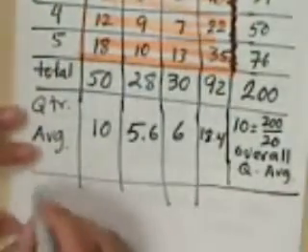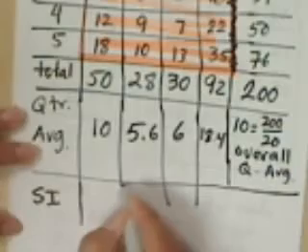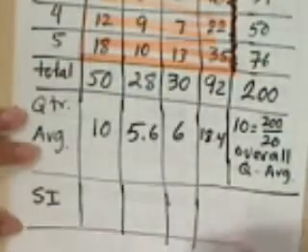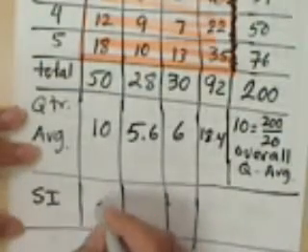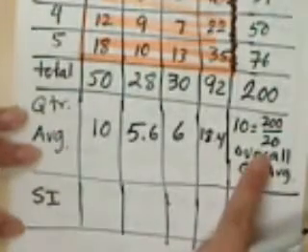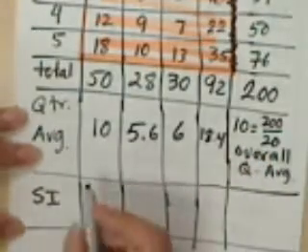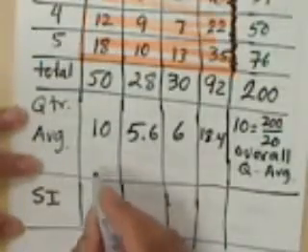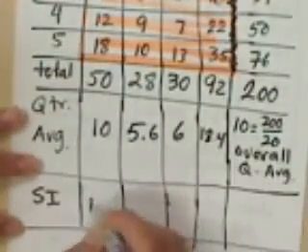To calculate seasonal indexes, you would take the quarter average and divide it by the overall average. So 10 divided by 10 gives me 1.